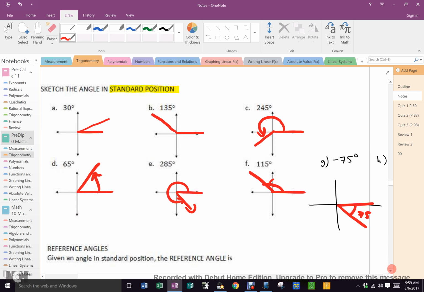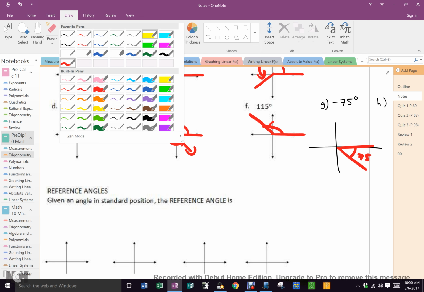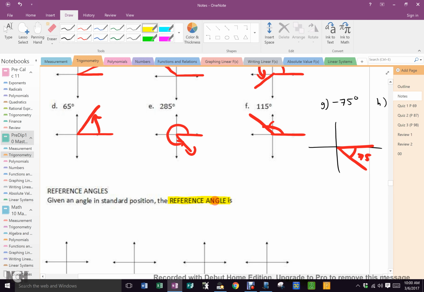Okay, you guys are smart young people. Given an angle in standard position. What does standard position mean? It's on the x-axis. And the vertex is at 0, 0, yes? If you have that, you have the angle in standard position. But you also make a second angle, don't you? And that second angle is what we call the reference angle.